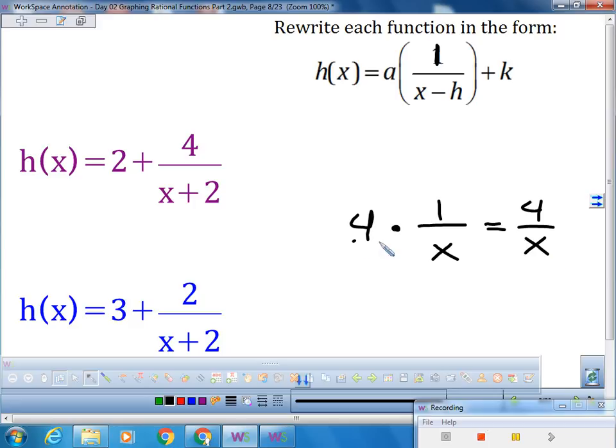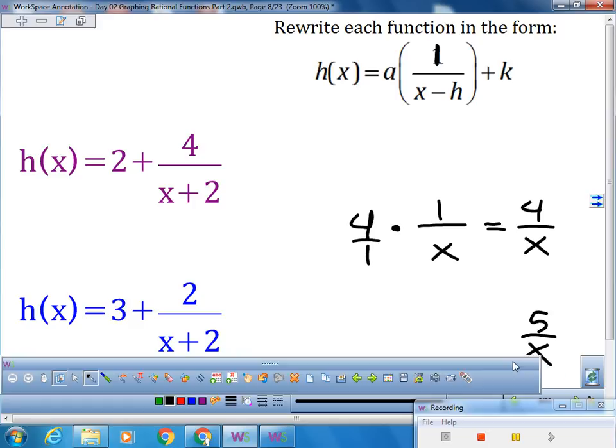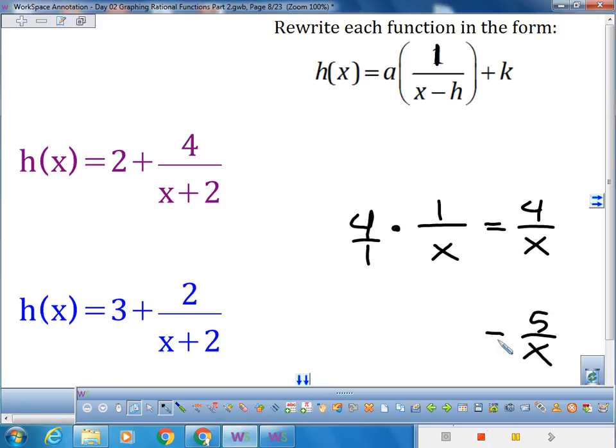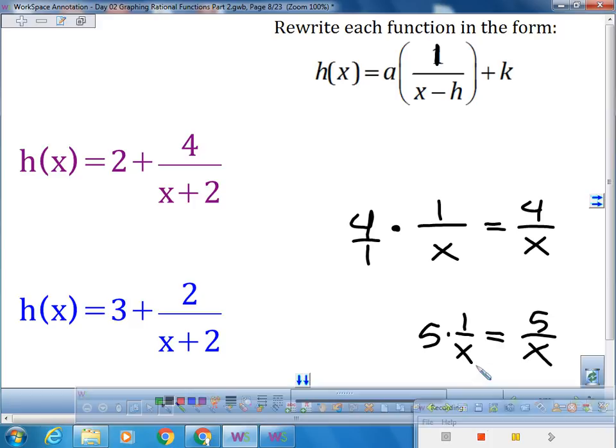Because I just put a 1 underneath it and multiply straight across. Michael? So if I had 5 over x, couldn't I rewrite it as 5 times 1 over x? Okay, that's what I'm going to do right now. It's the same thing. It just has more stuff, but it's the same process.